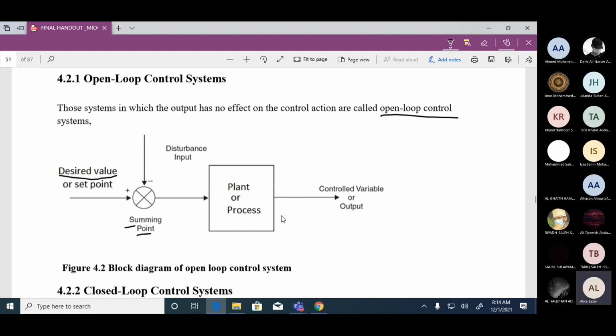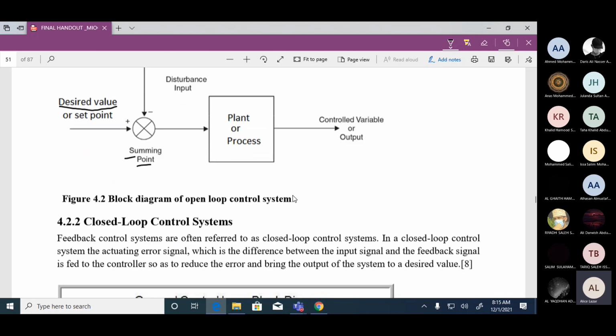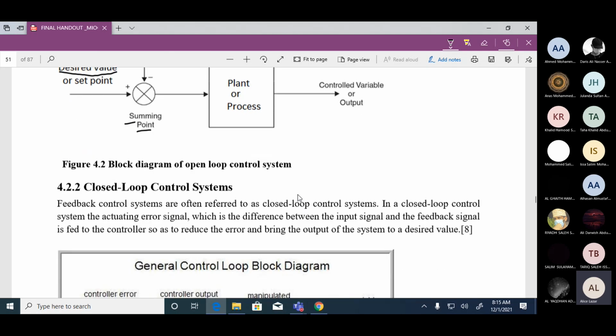Now they may be cheaper or easier to design. However, they have the disadvantage that we cannot use this system in a refinery. In a refinery, you want precise control. So whenever you want precise control, you have to go in for a closed loop control system.